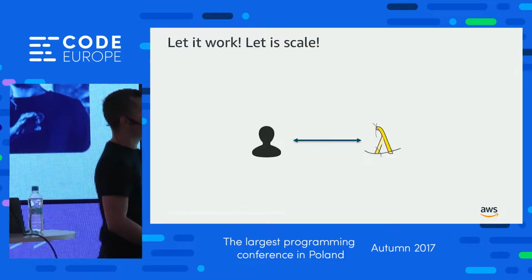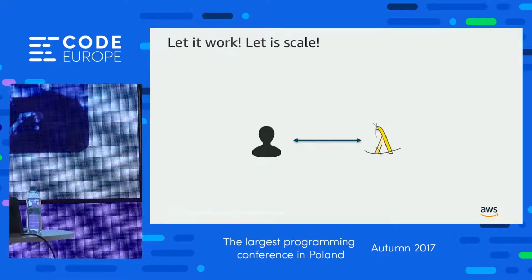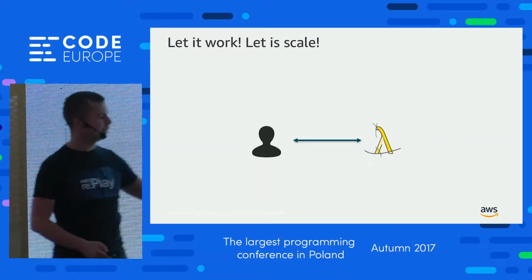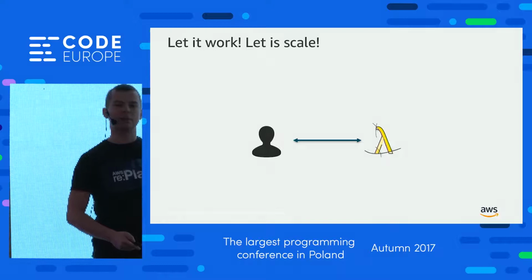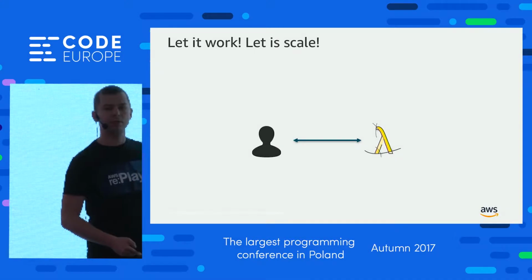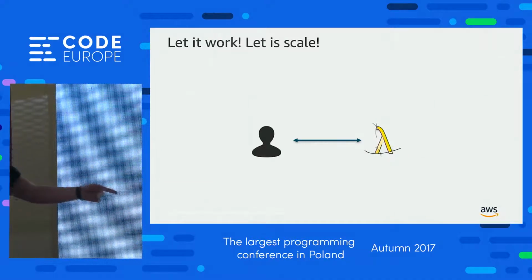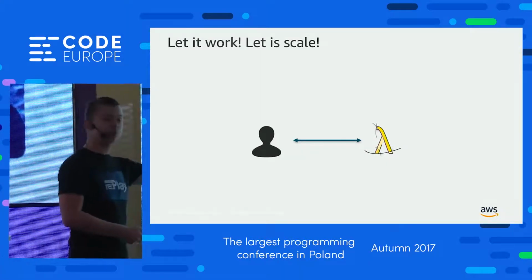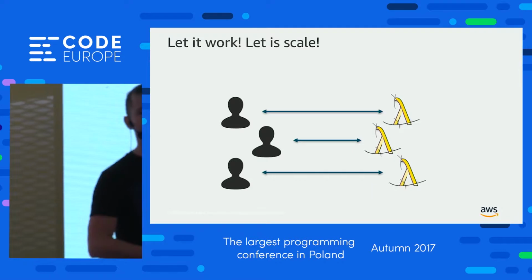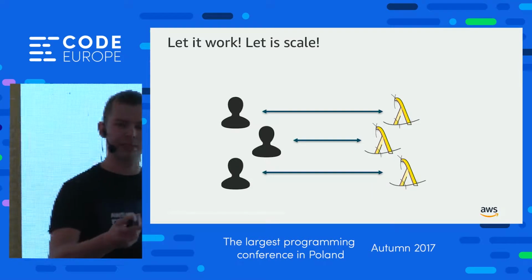And because the cloud is managing this, there are a couple of interesting features provided by AWS. First of all, it's scaling. If there is our microservice, our Lambda, and there is one user, AWS will spin up one instance of our microservice. If there are 3 users, we don't need to think about this. AWS will spin up 3 instances.